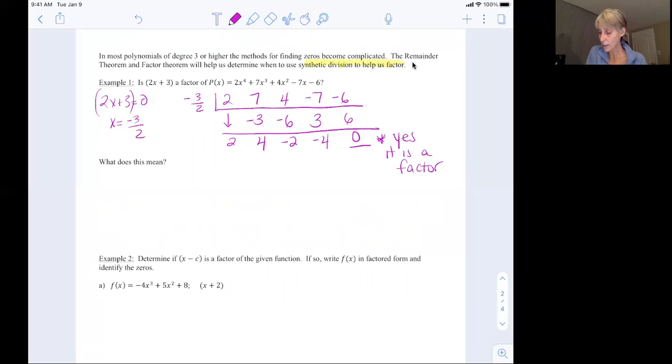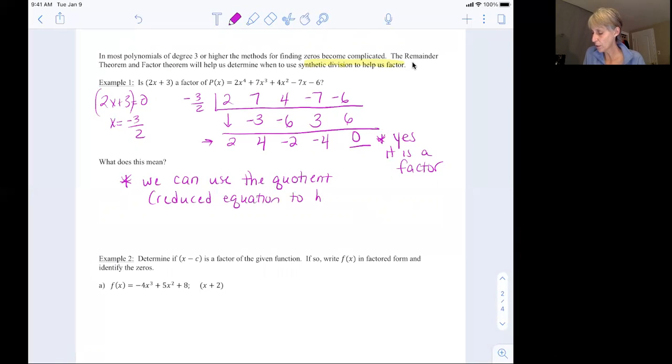And to us, it means we can use the quotient, or in other words, this reduced equation, to help factor further. I'm not going to continue on with this one because I don't have enough room on the paper, but we would just go and put our variables back in and simplify it further.